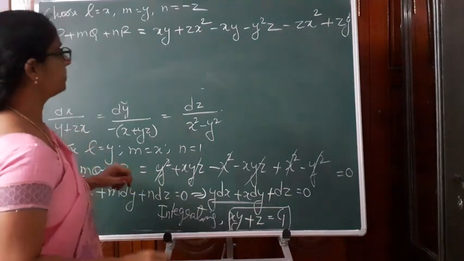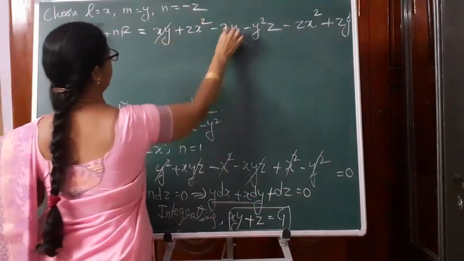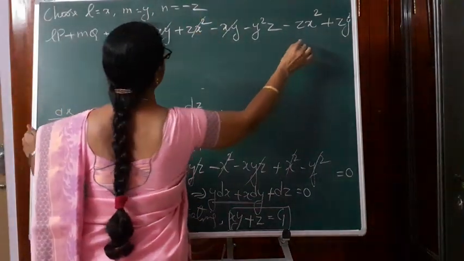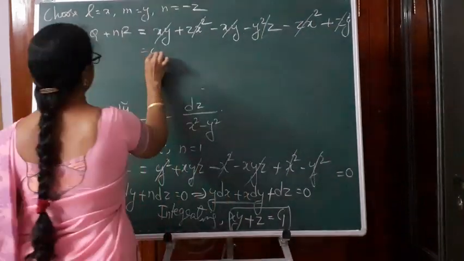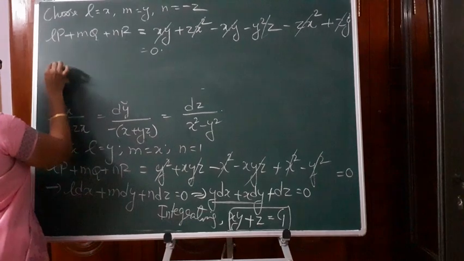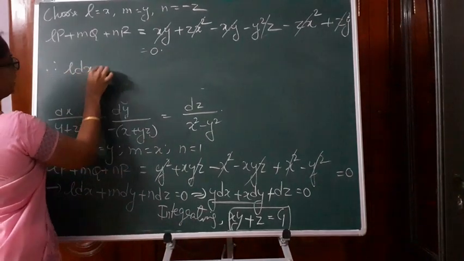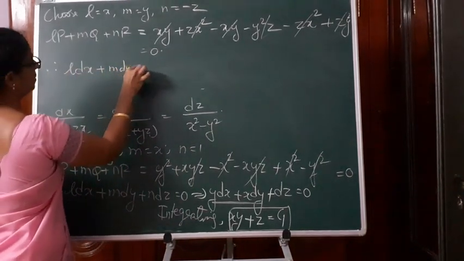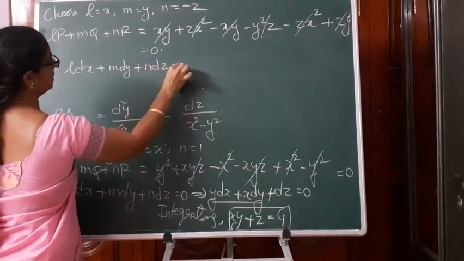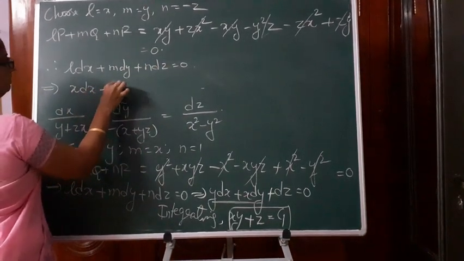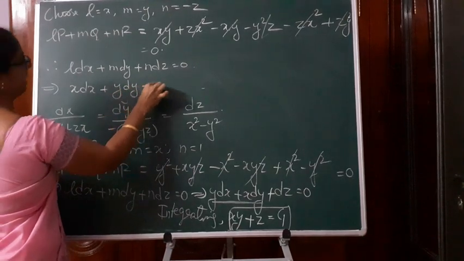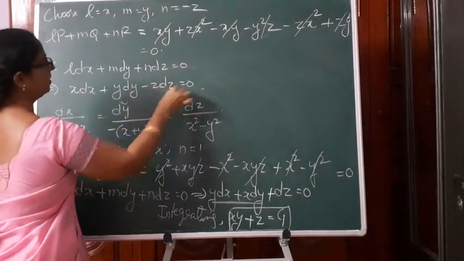Does this become 0? xy minus xy, zx square minus zx square, plus y square z minus y square z is 0. Therefore, we have L dx plus M dy plus N dz is equal to 0. That is, x dx plus y dy minus z dz is equal to 0.